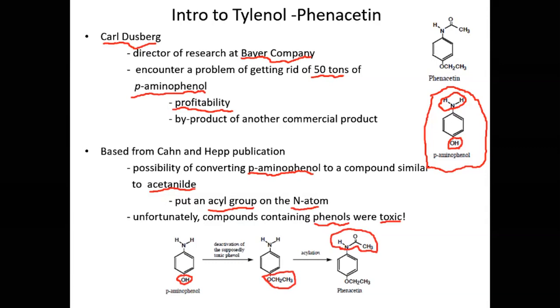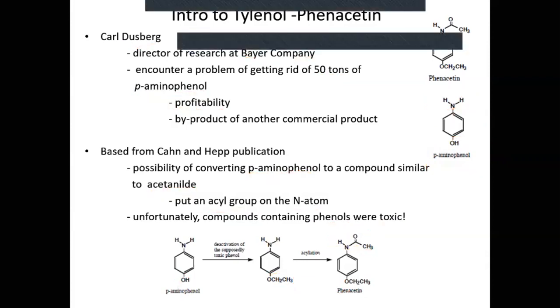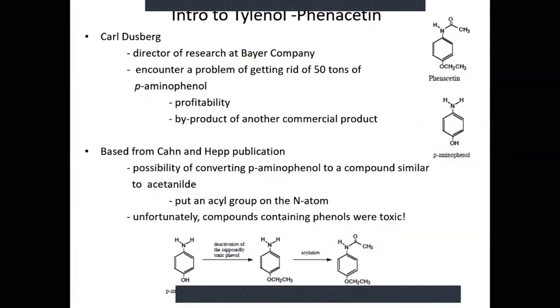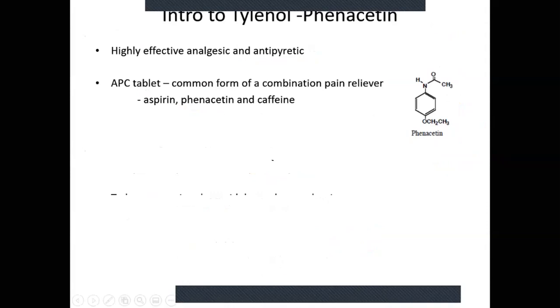And so that's where we get what was called phenacetin. So phenacetin is acetanilide with an ether group on it. So again, we changed the phenol to an ether because back then phenols were toxic. Phenacetin was a very highly effective fever-reducing and headache-reducing medicine.